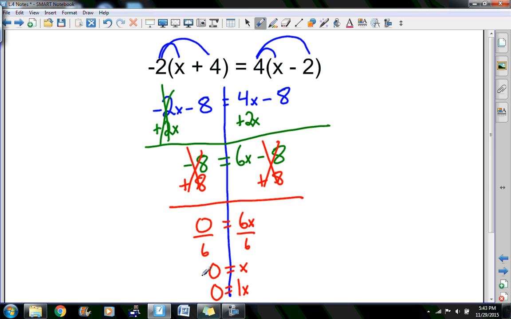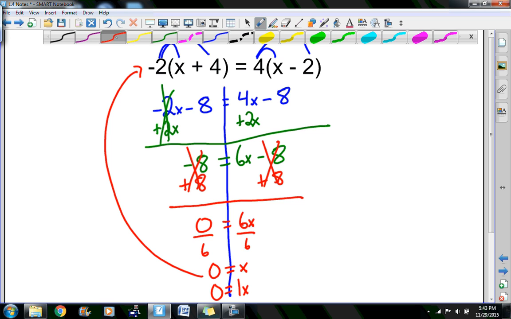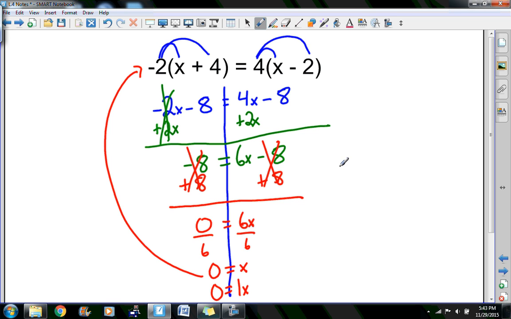So let's plug that back into our original equation and see if it works. So I'm going to go negative 2 parentheses 0 plus 4 on the left, and on the right I'm going to do 4 parentheses 0 minus 2.